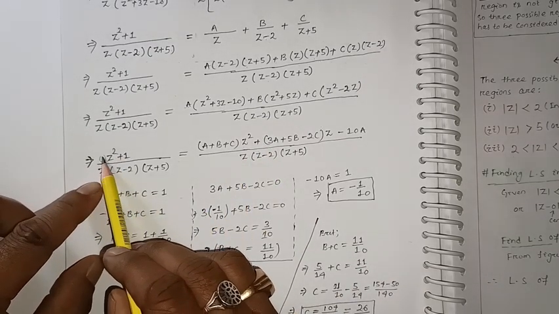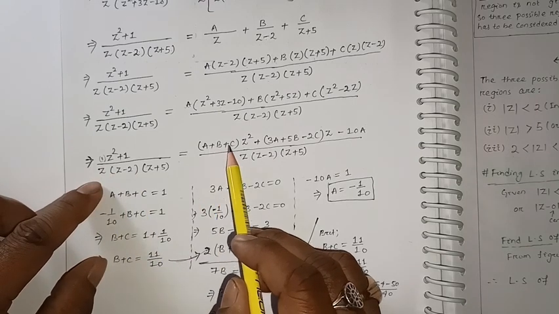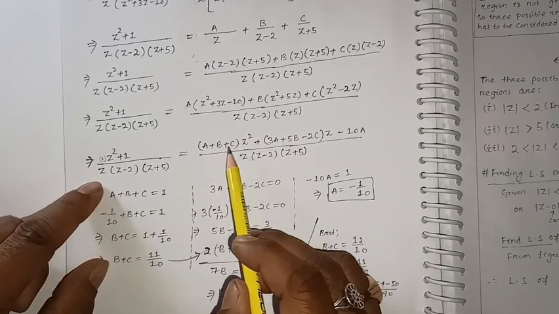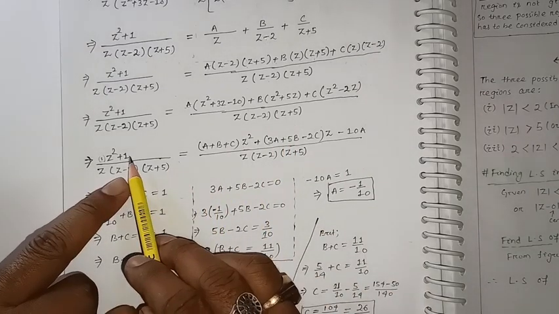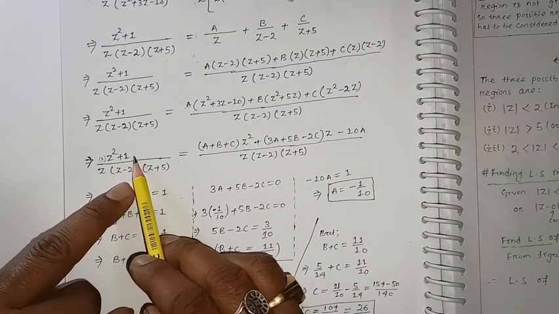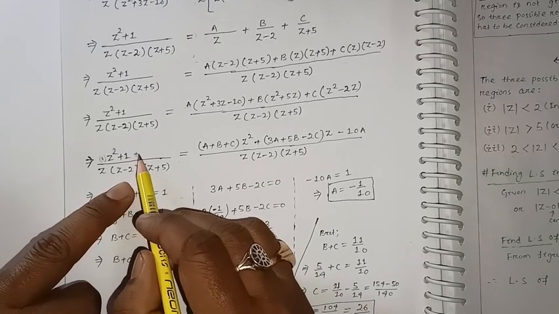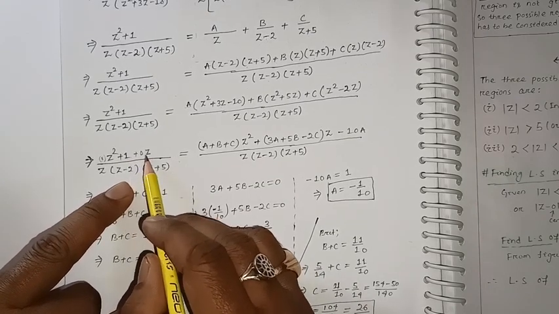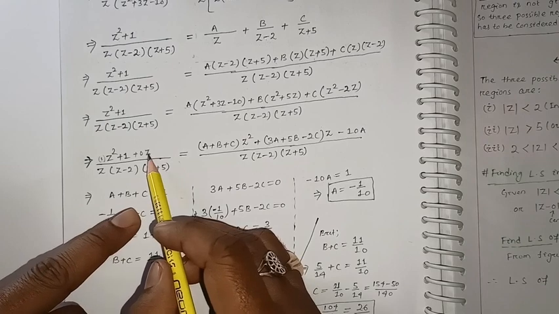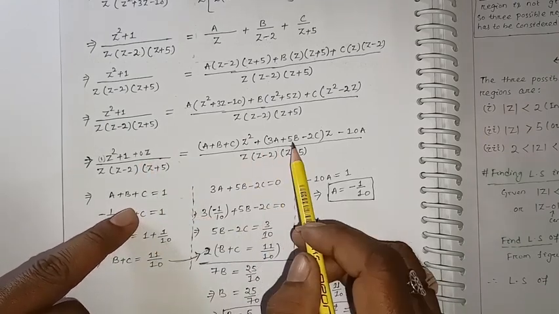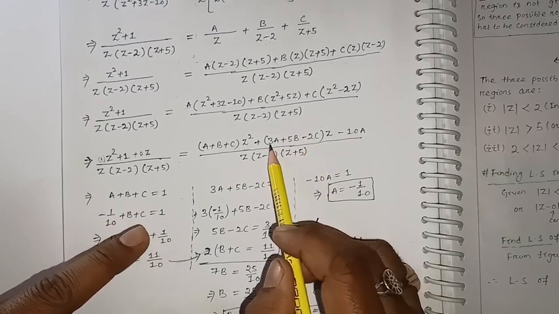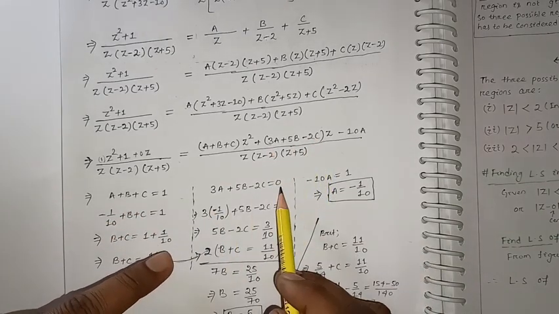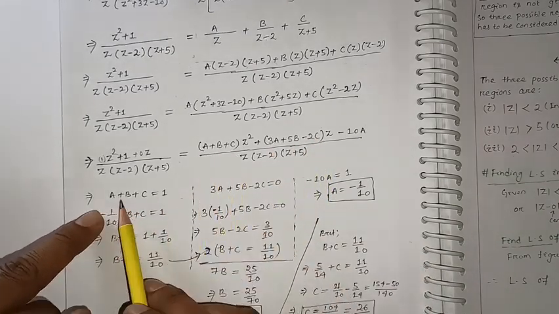This 1 should be equal to a plus b plus c, because a plus b plus c is the coefficient of z² in the RHS. Here you can see there is no z term, that means we can write 0 into z. The coefficient of z is 0. In the RHS, the coefficient of z is 3a plus 5b minus 2c. So 3a plus 5b minus 2c will be equal to 0, and a plus b plus c will be equal to 1.